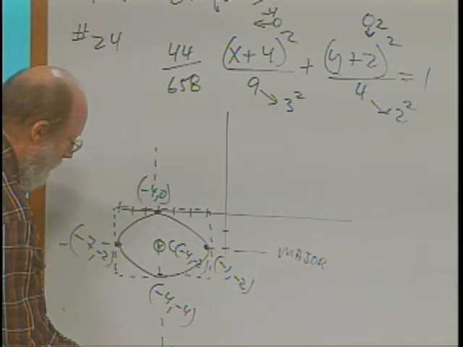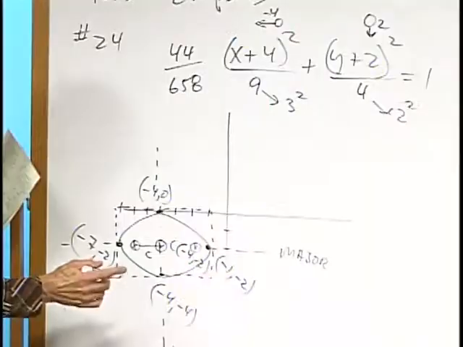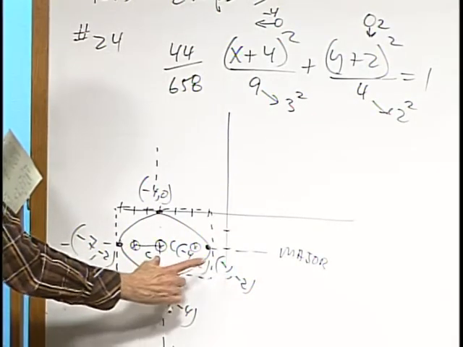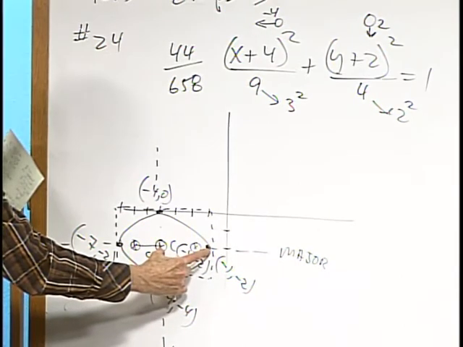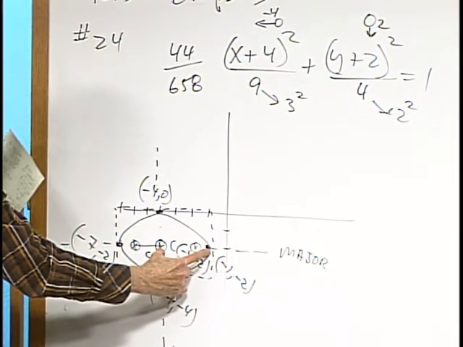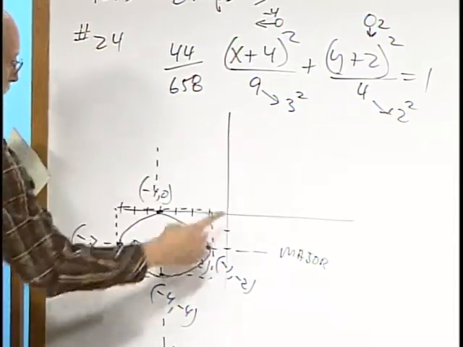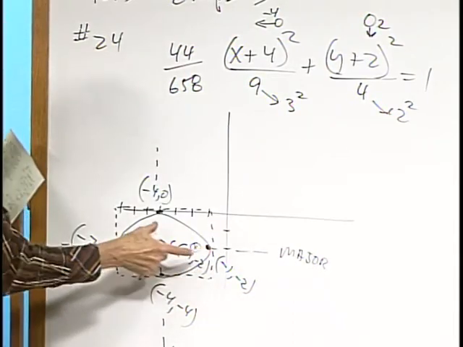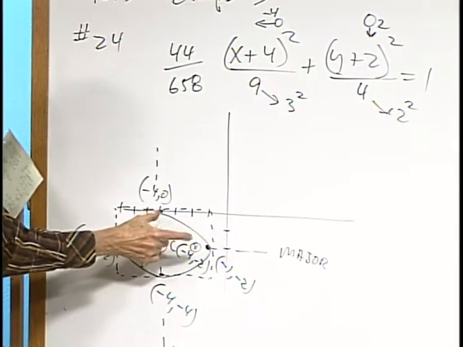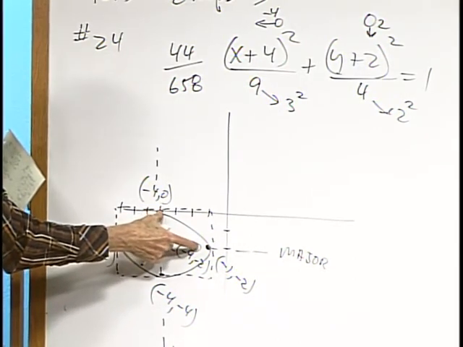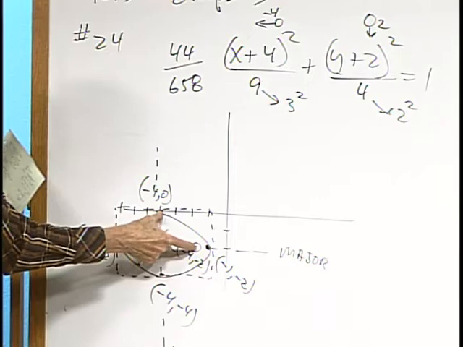The way you find that location is, that distance is often called C, and the key on an ellipse is the long axis, the semi-major axis length, which in this problem is 3. That 3, you hook it on to the minor axis vertex up here, and that length 3 falls and hits the major axis at the location of the focus.